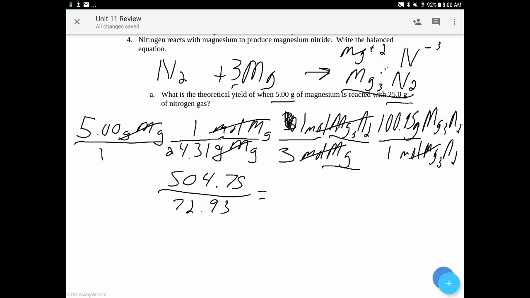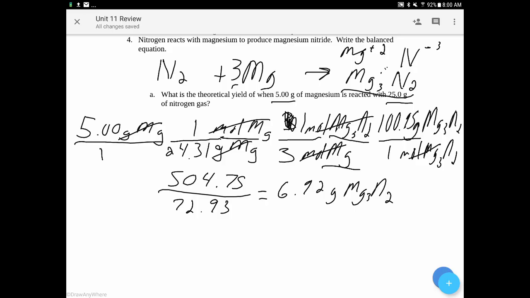We divide those, and we get 6.92 grams of Mg3N2. Okay, so that's our first stoichiometry problem.